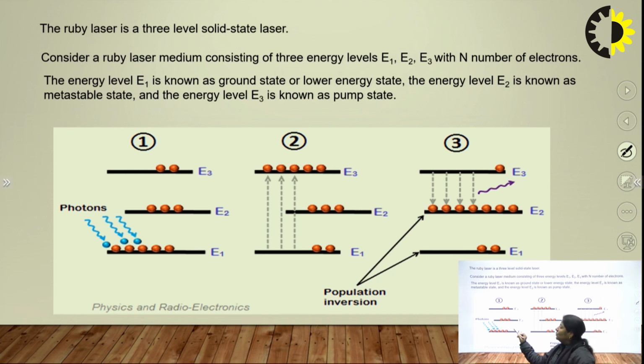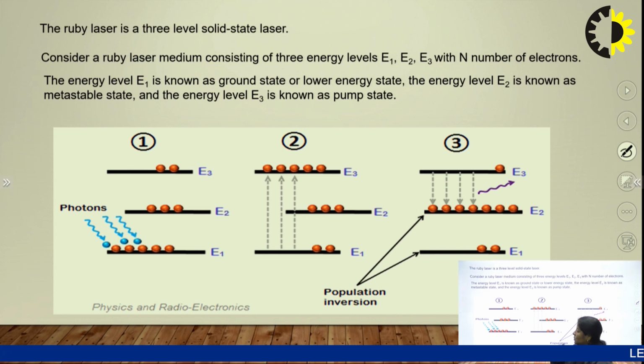Inside the ruby rod, we have already seen that the chromium atoms are free, and they are at present in their ground state. So when the radiations from the xenon flash tube fall on these atoms of chromium, they absorb this radiation and start moving to higher energy levels.